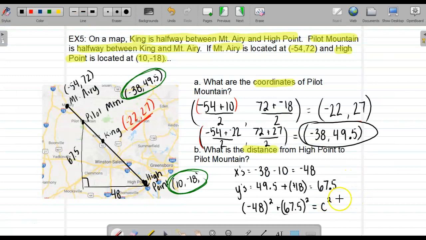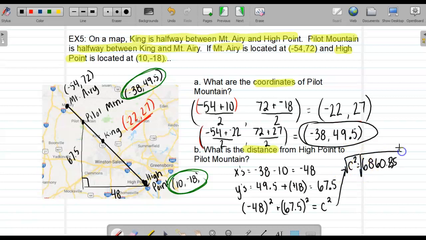So, put this up here. C squared equals 6,860.25, right? And so what's the last thing that you do for that, Hayden? Square root.